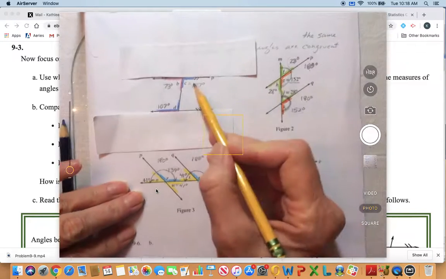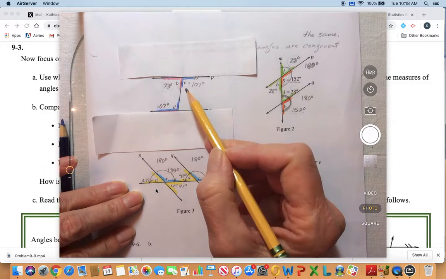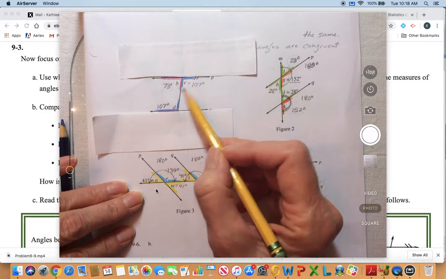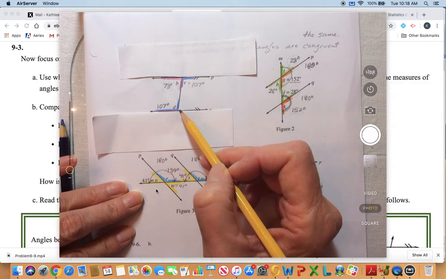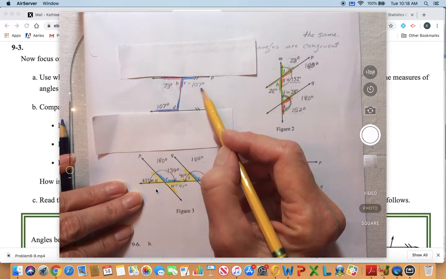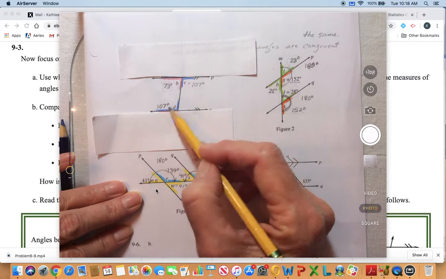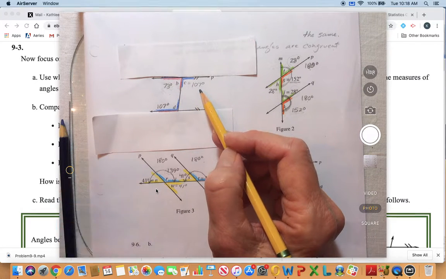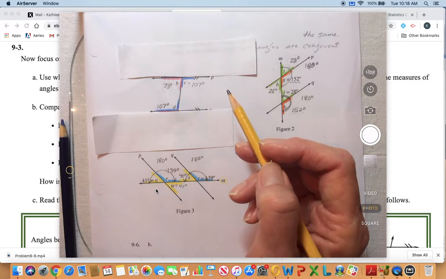They're both on the inside of these parallel lines, but they are on opposite sides of this line, which is the transversal. Notice that positioning. Now, the next thing I want you to notice is their measurement. As you can see, these two measures are exactly the same. So these angles have exactly the same measure.